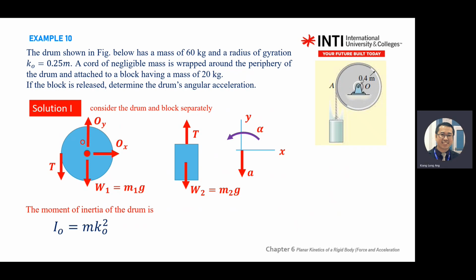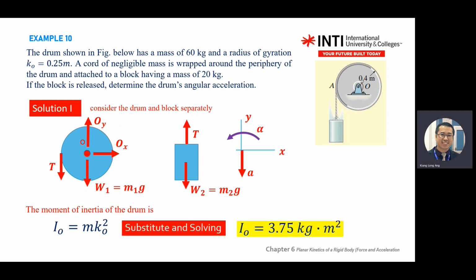Gyration is to find the moment of inertia. And this is from O. You can put it as G also, because G and O are at the same location, so it doesn't make any difference. You do substitution inside, the mass, K was given, you get IO 3.75.